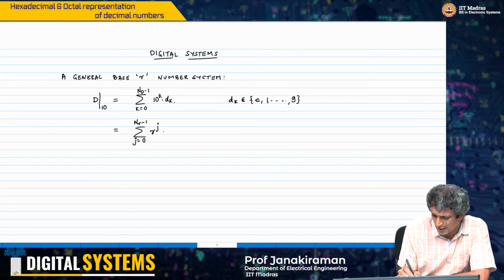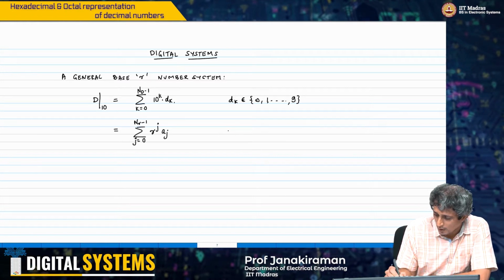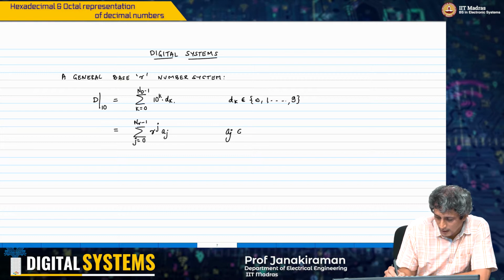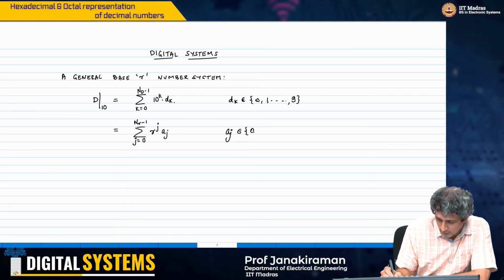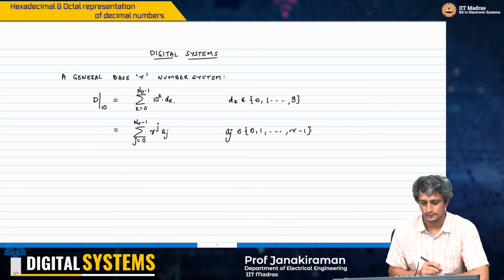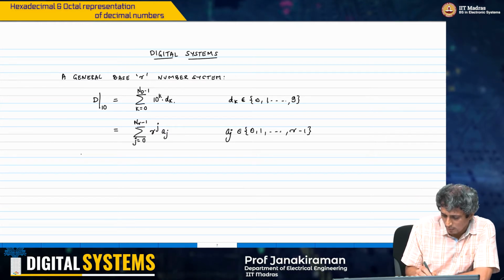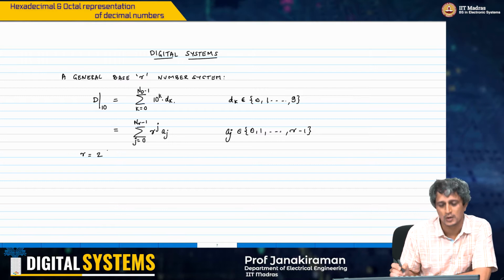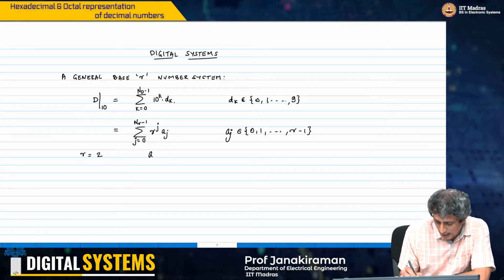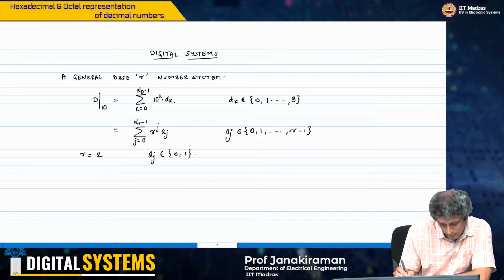Here aj is an element of 0, 1, 2 all the way to r minus 1. So what we saw last time was a special case of r equal to 2, where aj happened to be either 0 or 1.